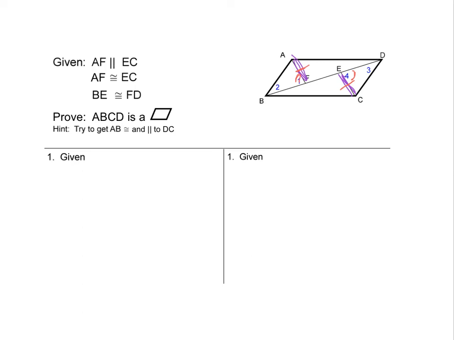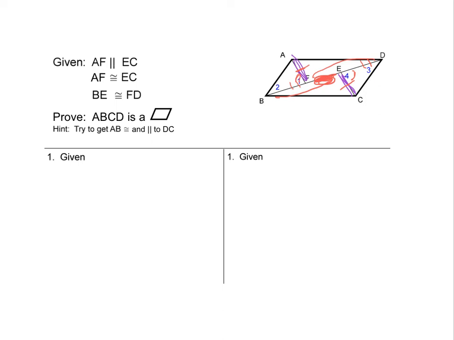Well, if I know that BE is congruent to FD, I can subtract this middle piece from both of them. So we're going to have to do 2 steps to prove that these two sides are also now equal. We're going to have a BOP step, and a subtraction property in there, and we're actually going to have a reflexive because we're going to say that FE is congruent to itself. So we're going to have a bunch of steps there.